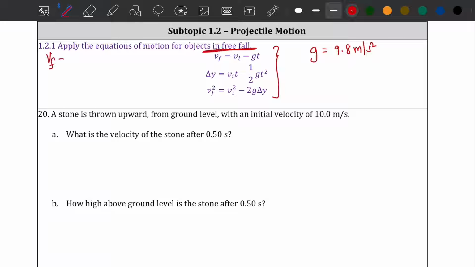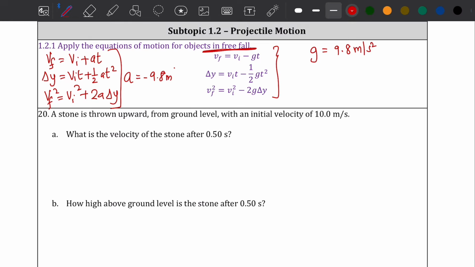If you are using Vf equal Vi plus At, delta y equal Vit plus half At square, Vf square equal Vi square plus 2a delta y, then you will write acceleration as negative 9.8 meter per second square. So it's your choice which equation you use.